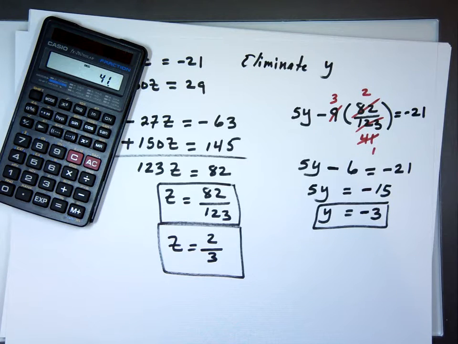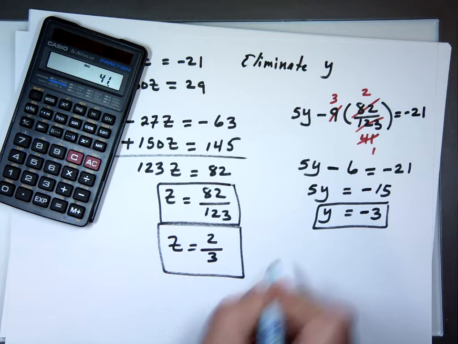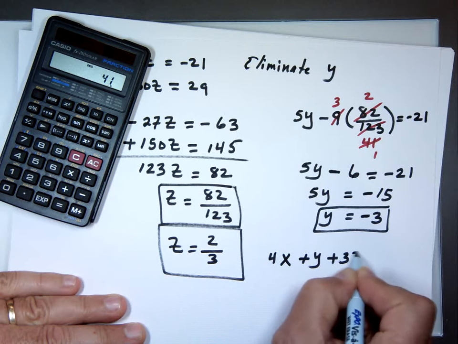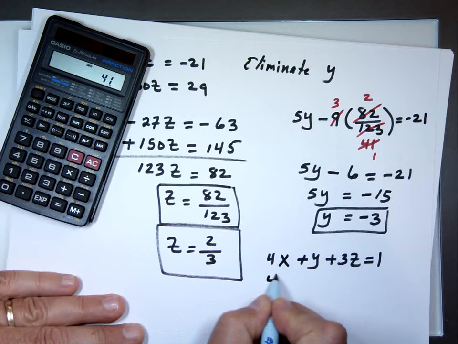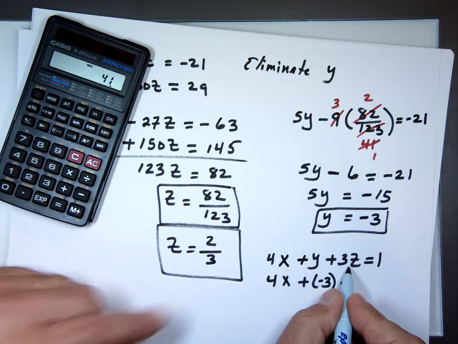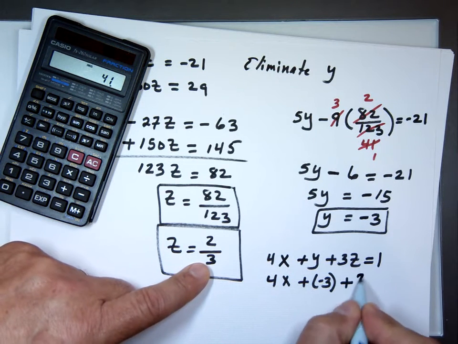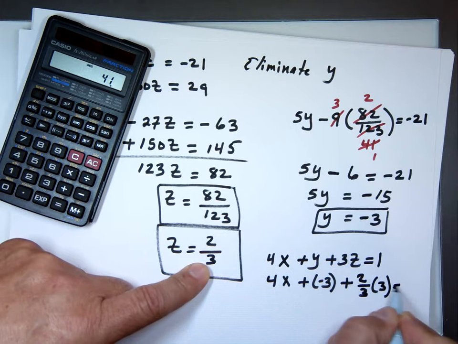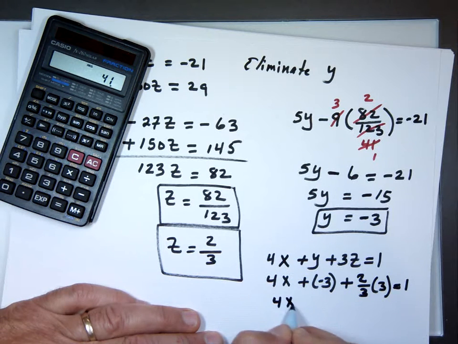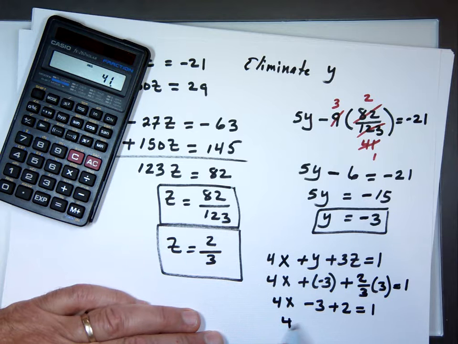You grab any one of those equations, doesn't matter which one. 4x plus y plus 3z equals 1. 4x plus y is negative 3, plus z is what? 3z. 2/3 times 3, or 3 times 2/3. 4x minus 3 plus 2 is equal to 1. 4x minus 1 is equal to 1. 4x equals 2. X equals 1/2.